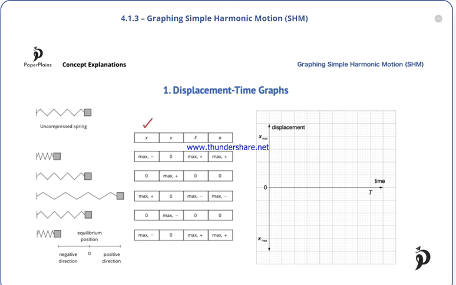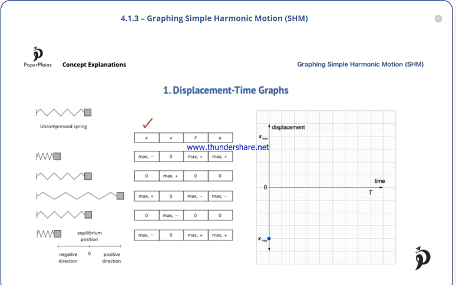At the start, when the spring is fully compressed, time is 0, and displacement is at its maximum negative value. This moment can be represented by this point on the graph. In the second position, when the object is moving to the right and passing through its equilibrium position, it has completed a quarter of a full oscillation.